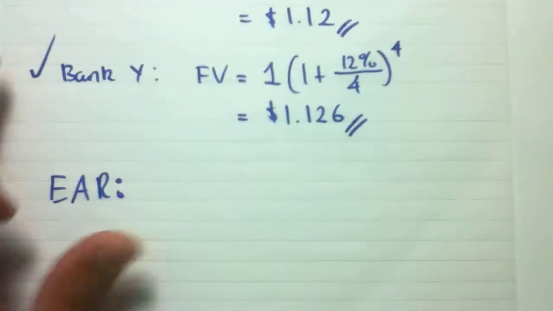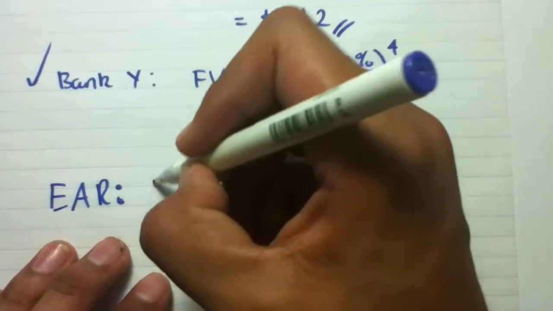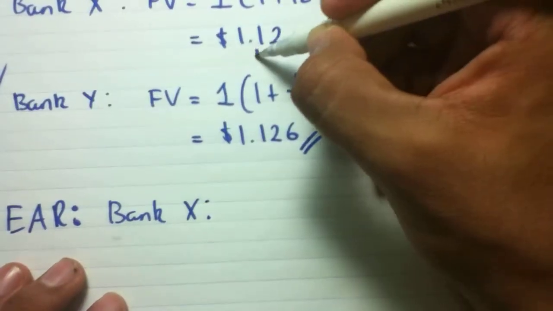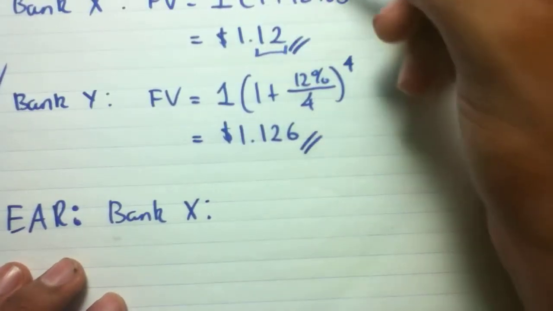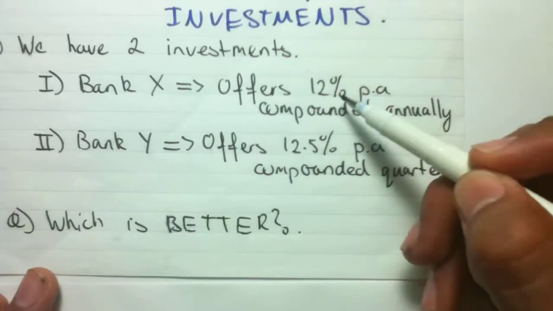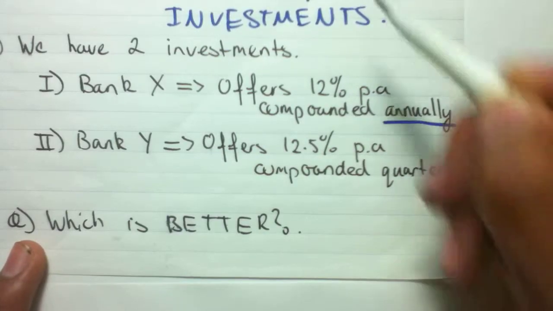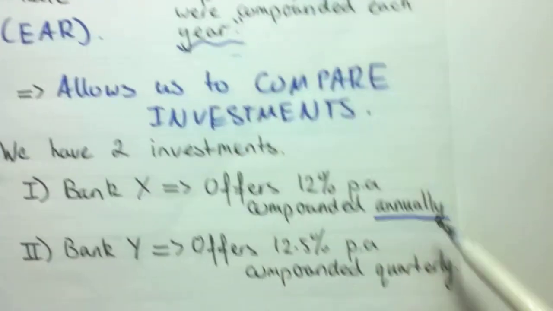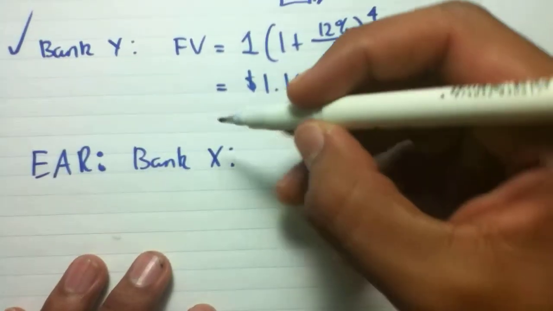Okay, so what I'm saying is the EAR for Bank X is still going to stay the same because it's compounded yearly, and this, in consequence, should be the same as this because this is annual, this is year. They should have the same number.